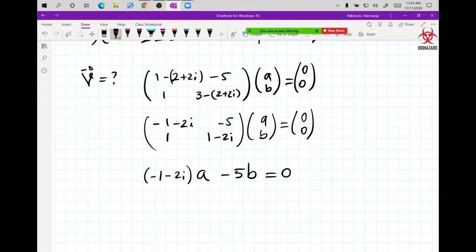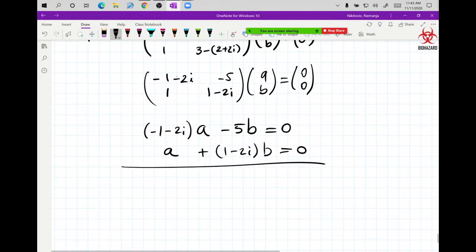Now, if we did all of the calculations correctly, the second equation will give us the same, but it's kind of hard to figure out what to multiply by to get it. But this is what we get on the second one: 1 minus 2i times b equal to 0.